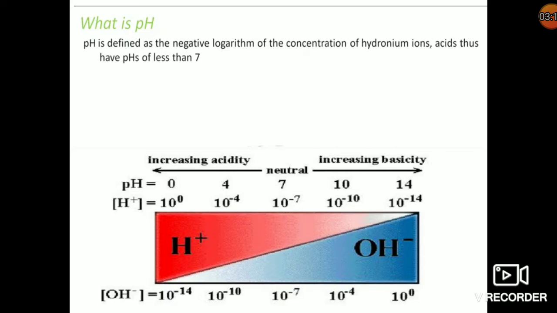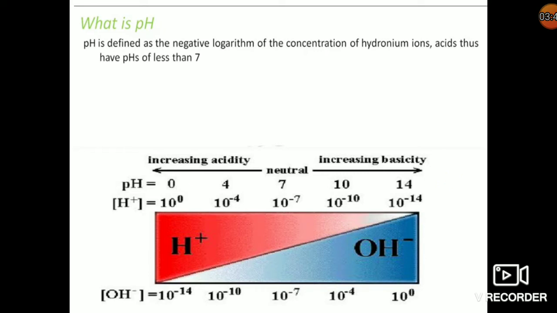Towards the right-hand side, the concentration of OH minus ions increases. That means the solution is becoming more and more basic, and the pH value is also very high. So you can see that stronger acids that produce a lot of H plus ions have lower pH, and stronger bases that produce a lot of OH minus ions have a higher pH.